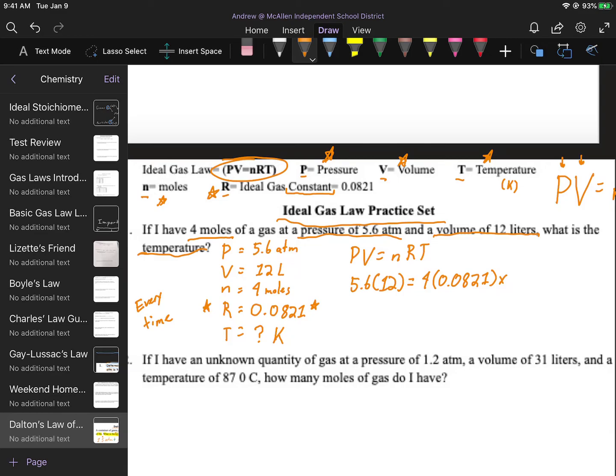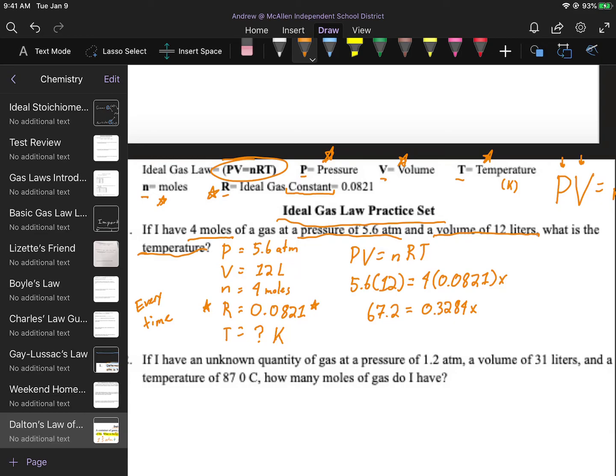From here, it's just a calculator problem. 5.6 times 12 gives us 67.2. And then our ideal gas constant times 4, 0.3284 times x, our unknown.